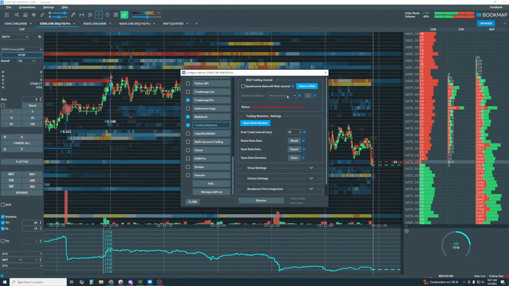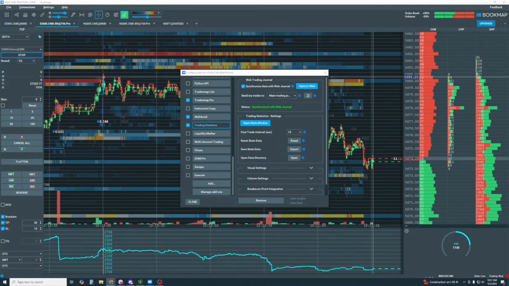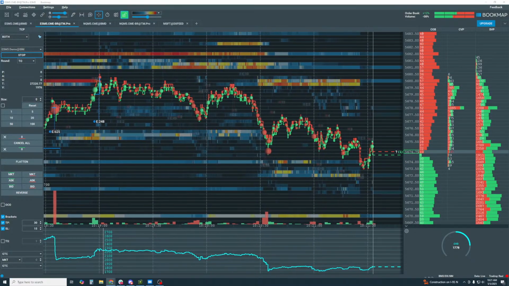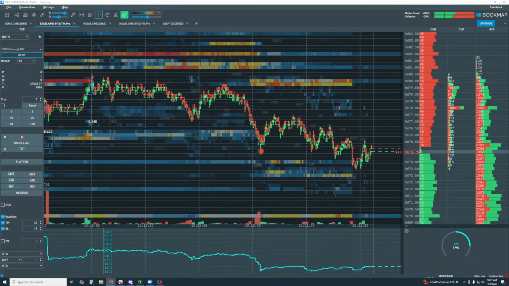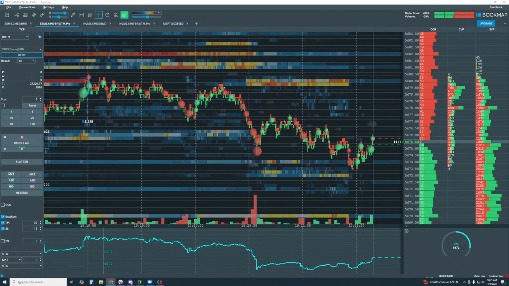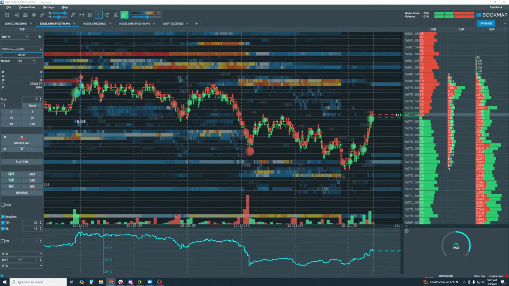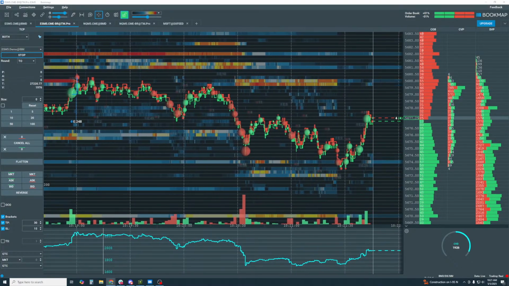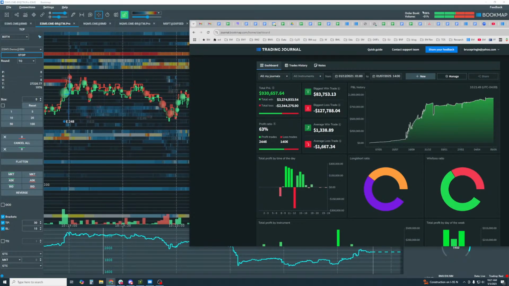Then sync with the trading journal. That'll open up our web trading journal here, which is a great product that you can use to debrief your trading, get data on your trading, and understand how you're doing. Here I just signed into it.